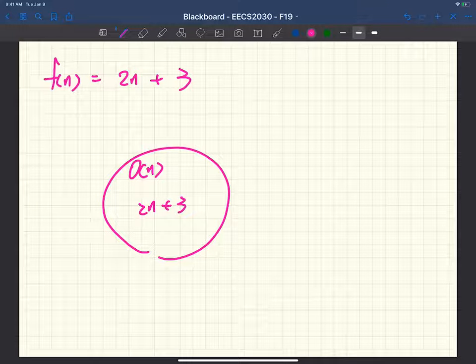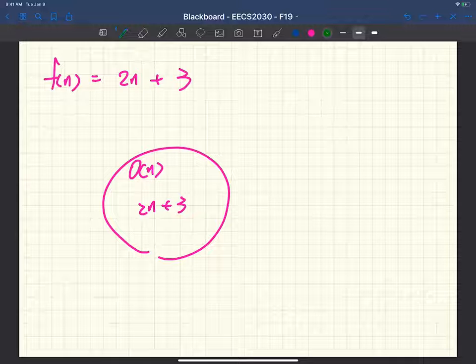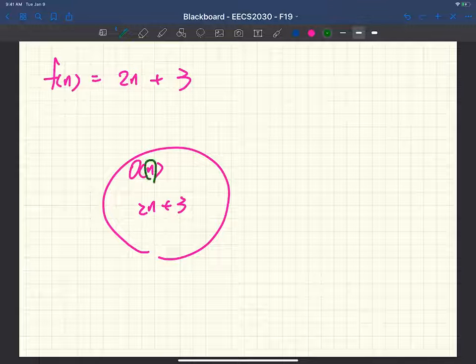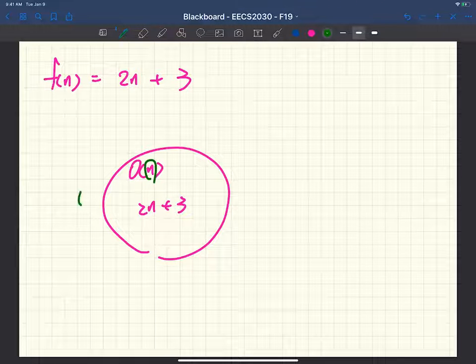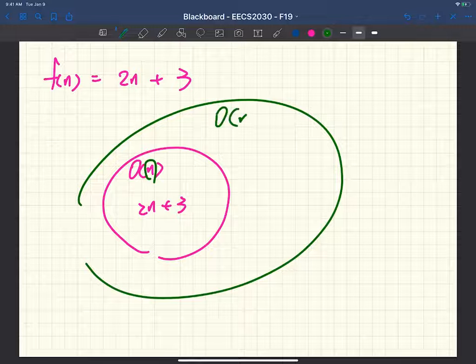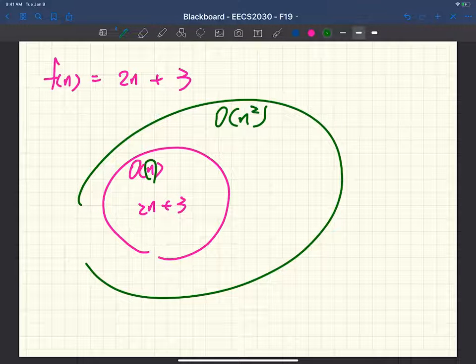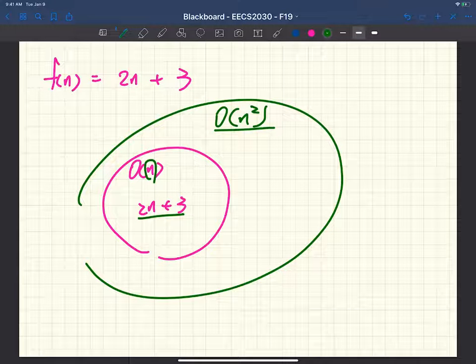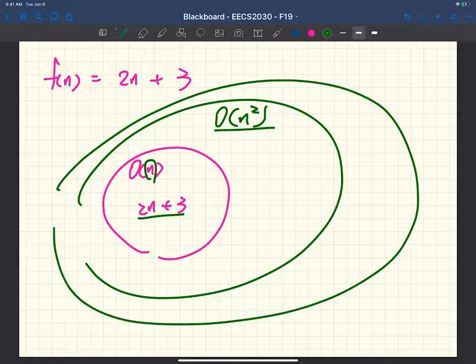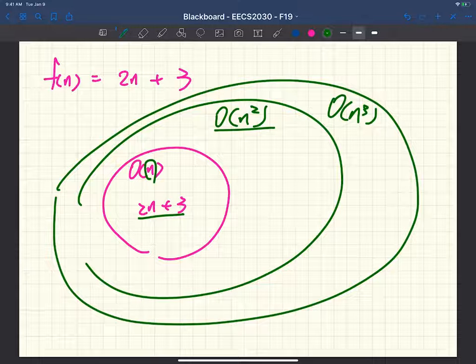That's the tightest family you can get into. However, every time you grow the highest power, for example, you may also have big O of n squared. So you can also say 2n plus 3 belongs to this particular family. That's also true, but it's not accurate. You can also say 2n plus 3 belongs to big O of n cubed. That's also true, but not accurate. So I want to be careful.